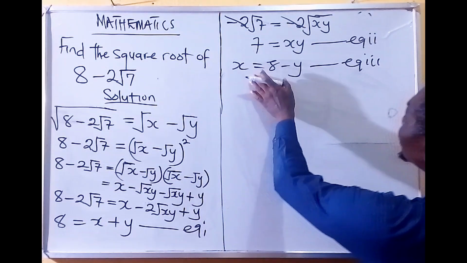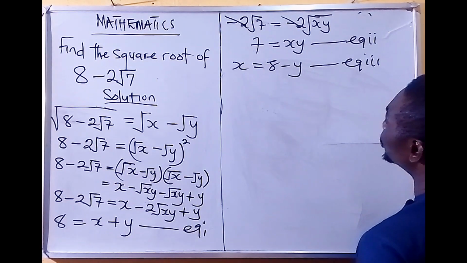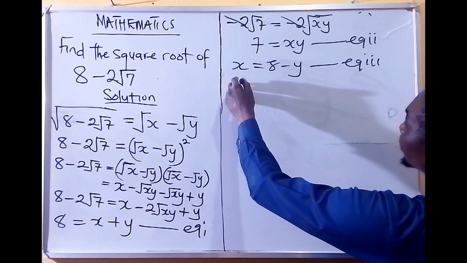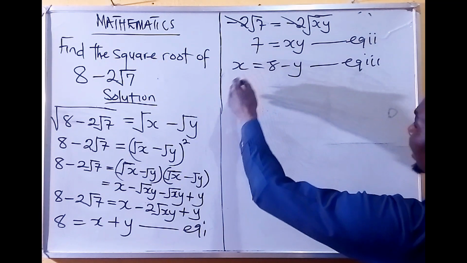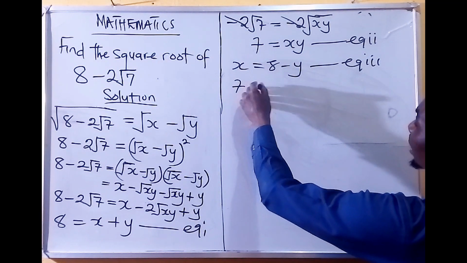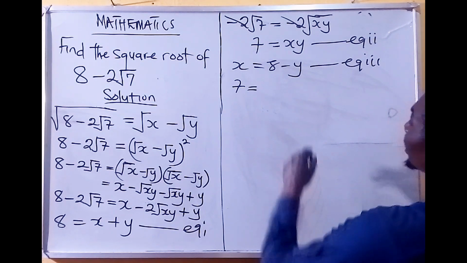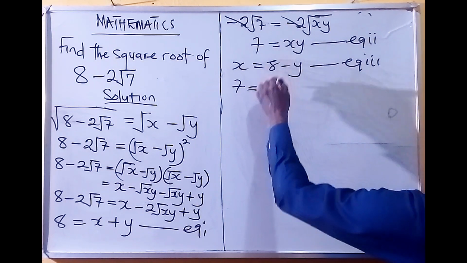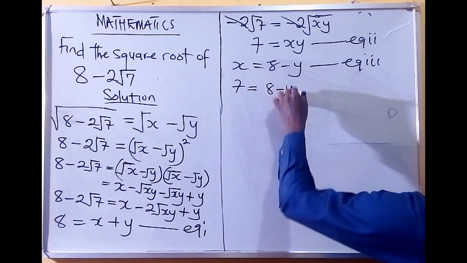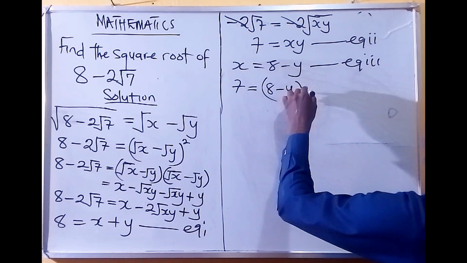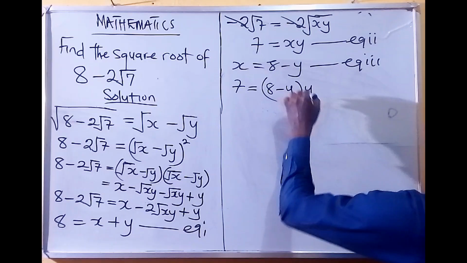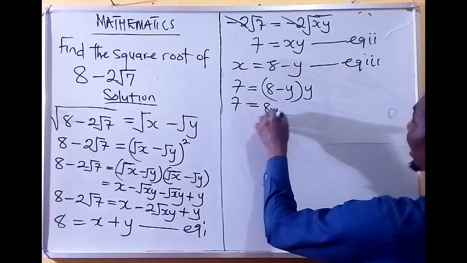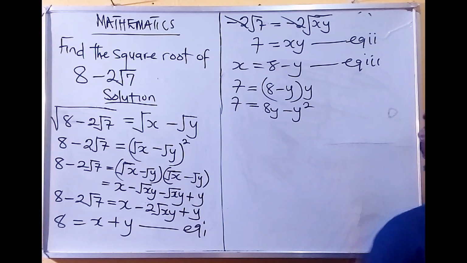Now you substitute equation 3 into equation 2, to get y. So we have 7 is equal to, anywhere you see x, you put 8 minus y. So here I'm going to put 8 minus y into this y. By the time you multiply out, you have 8y minus y squared.